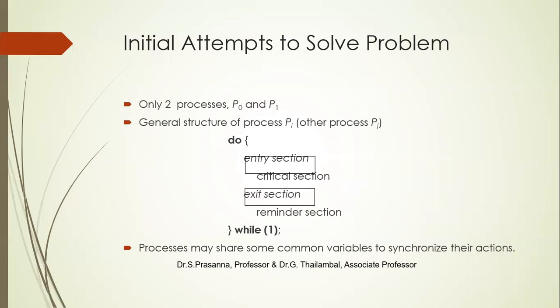That means if you have two processes, when P0 is in the critical section, P1 is not allowed into the critical section. When P1 is in the critical section, P0 will be in the exit section or remainder section, right? At the same time, when P1 is in the critical section, we cannot allow P0 into the critical section. As we have only two processes, when one process is in the critical section, the other process will be in the remainder section.